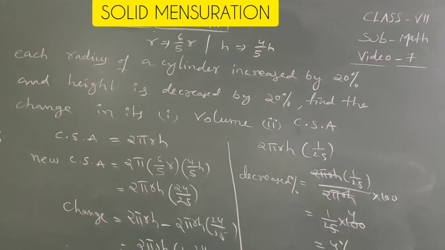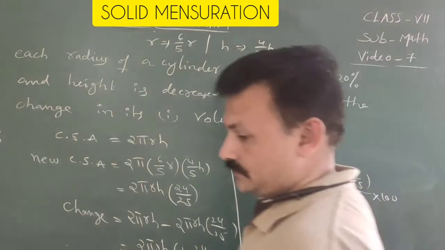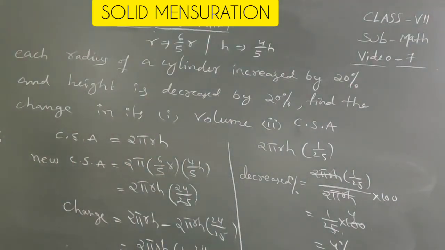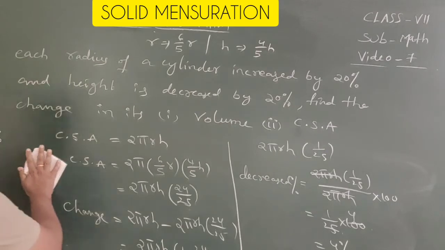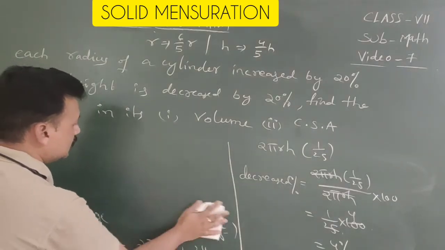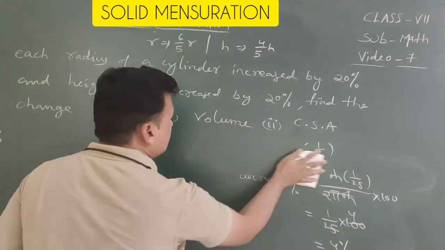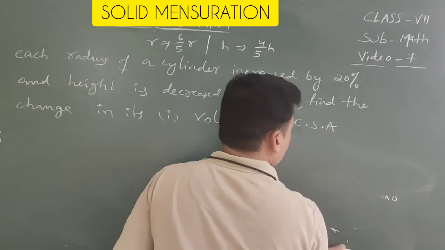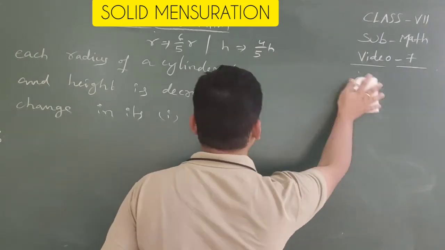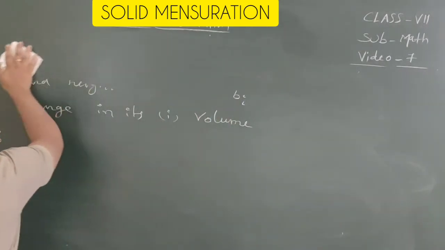Okay, these types of problems you will find in quantitative aptitude also. Do the problems first of all in your textbook, then you will continue in quantitative aptitude. Next, after the completion of cylinder, we have cone.